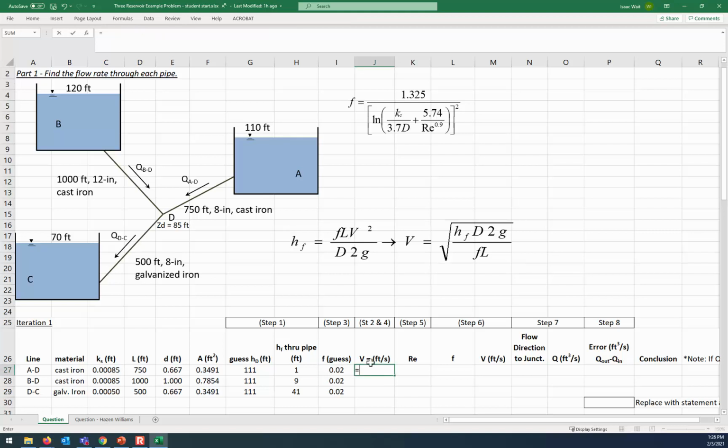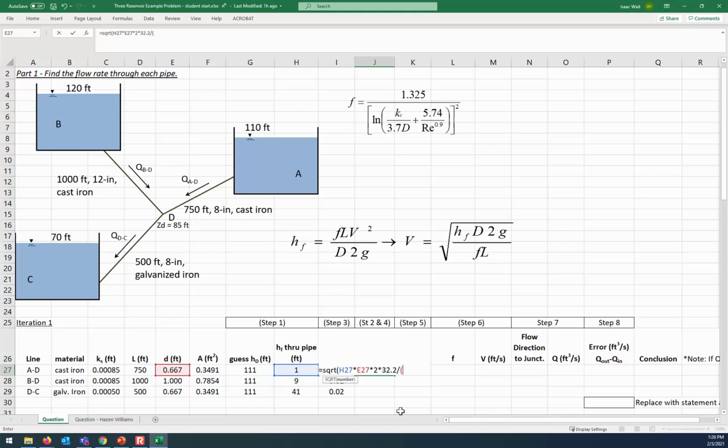Okay, so it's square root, SQRT, of h sub f times the diameter of the pipe times 2g, so 2 times 32.2. And then in the denominator of that square root is our f value, our guess.